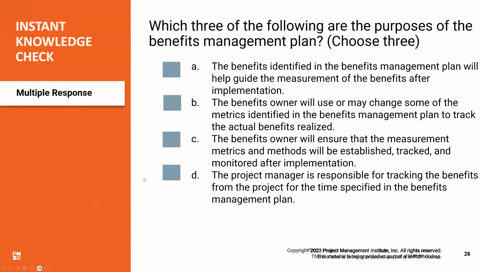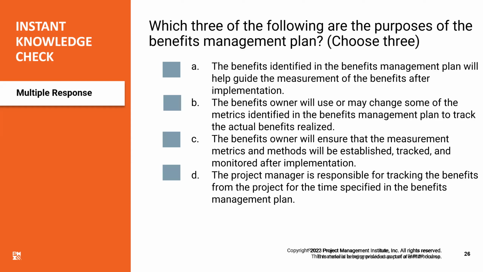Okay, question: which 3 of the following are the purposes of the benefit management plan? A, benefits identified in the benefit management plan will help guide the measurement of the benefits after implementation. B, the benefit owner will use or may change some of the metrics identified in the benefit management plan to track the actual benefit realized.